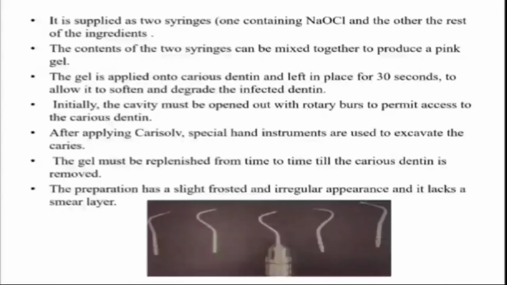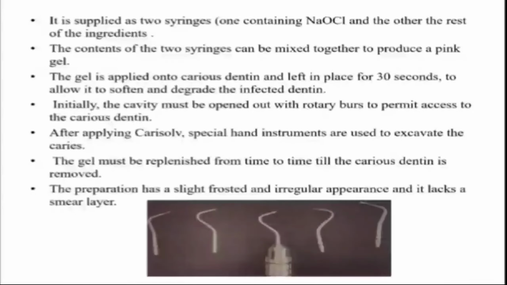This one is the interpretation: normal response; negative response, non-vital tooth, that is failed to respond even at the highest electric excitation value; early response, diseased state of the pulp, threshold at a lower level than control tooth; and delayed response, diseased state of pulp, threshold at a higher excitation level than control tooth.